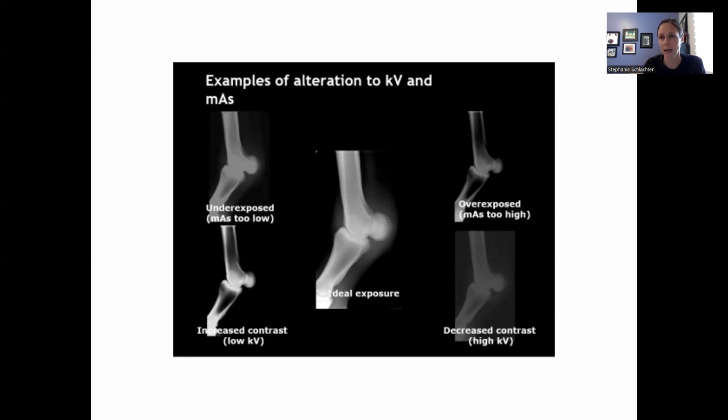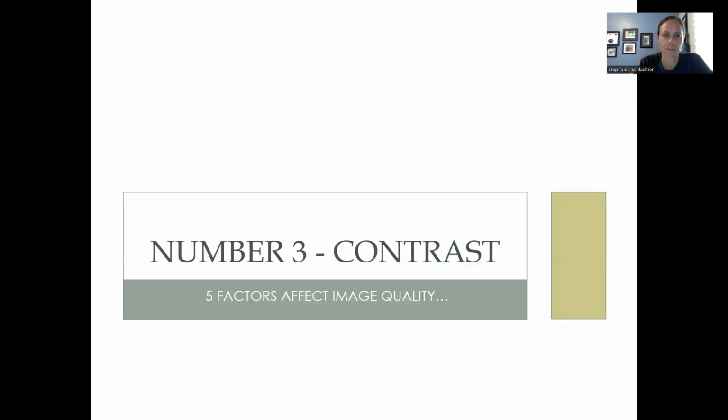The bone shouldn't look black on X-ray, it's supposed to be white. So the center image is that ideal, the right side is overexposed, and the left side is underexposed. I hope your left and right is the same on your screens as it is for me. It still says under and overexposed, so hopefully. Like I said, we're going to talk about KVP here in a little bit, so we're just looking at MAS for this image. Okay, all right. So that is density.